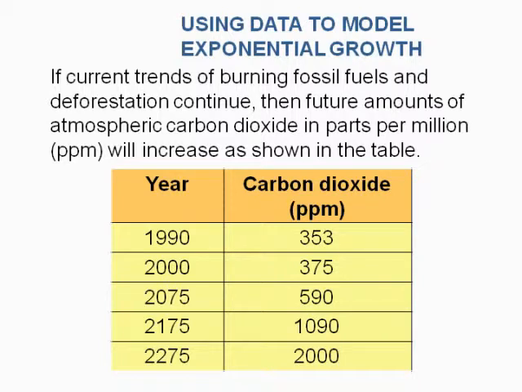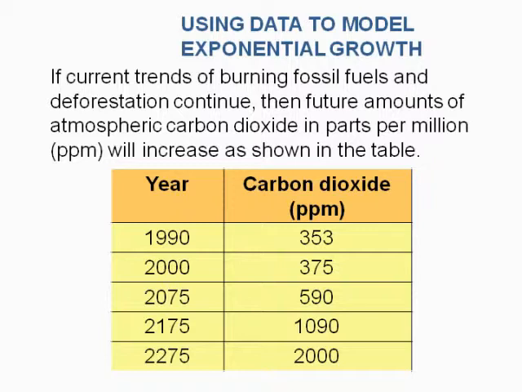So what we're going to do is look at some data here. It says if current trends of burning fossil fuels and deforestation continue, if we keep cutting the trees down, then future amounts of atmospheric carbon dioxide in parts per million, ppm, will increase as shown in this table. Notice they start with the year 1990, with 353 parts per million.